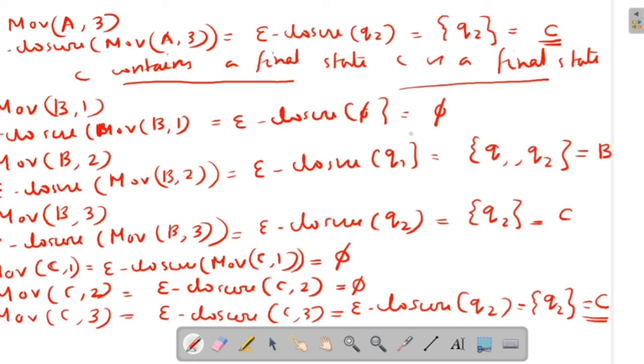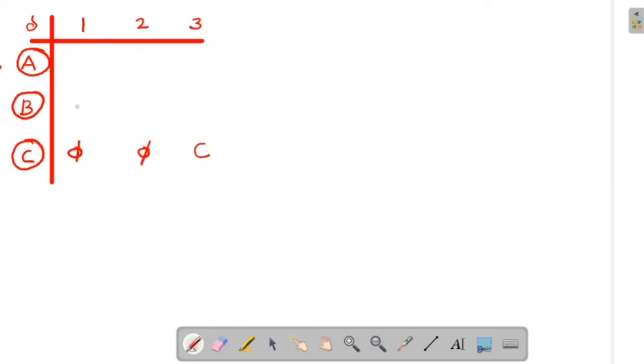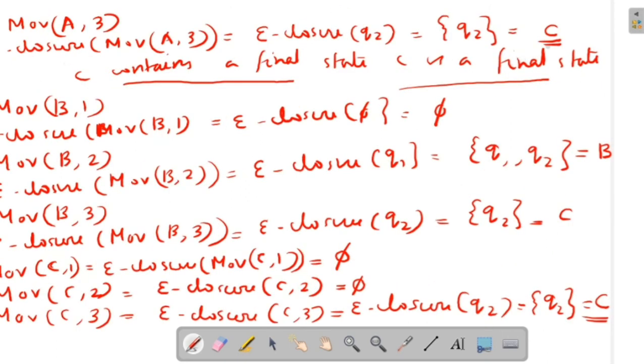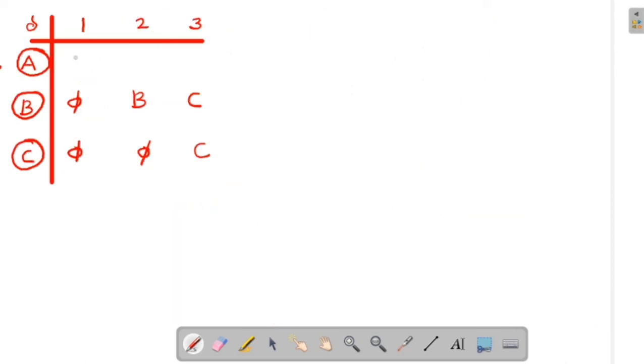B comma 1 null set, B comma 2 B, B comma 3 C. Okay. Then what is A comma 1? Move of A comma 1 is A itself. Move of A comma 2 is B. Then move of A comma 3 is C. So we can write here it is A, B, C. Right. So this is the transition table of the newly constructed NFA.